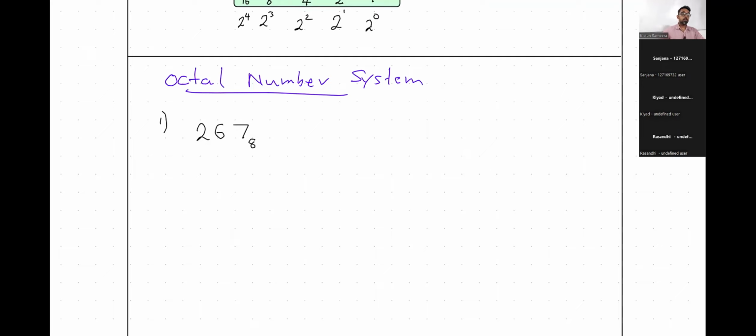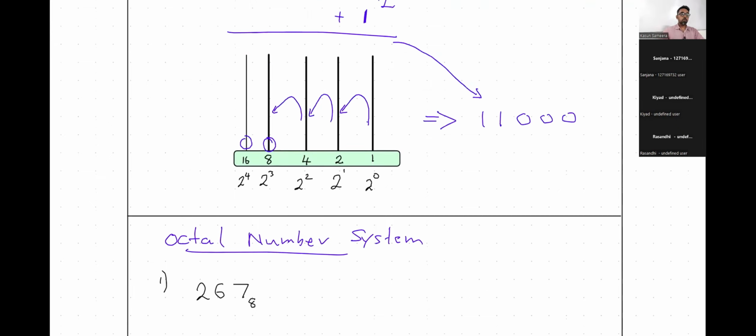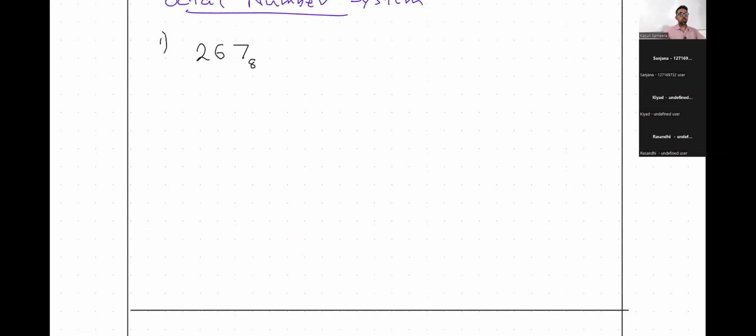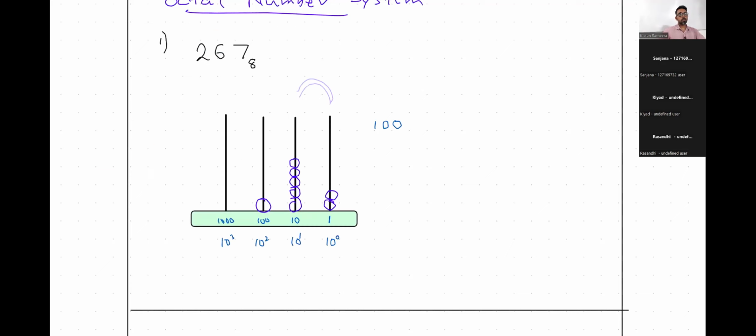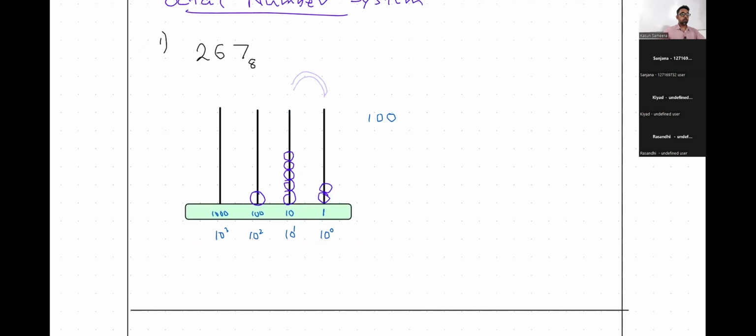Right. Similar to the previous question, I'm going to represent this number in a counting frame like this. I'm going to copy and paste it here. Then what are the changes you need to make? Suppose this one is an octal number system.